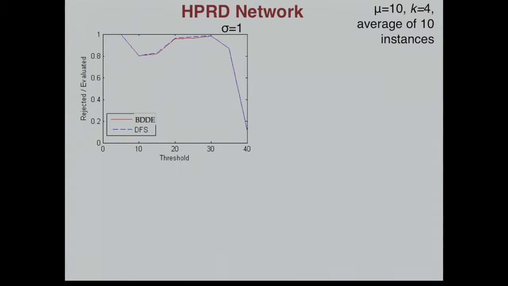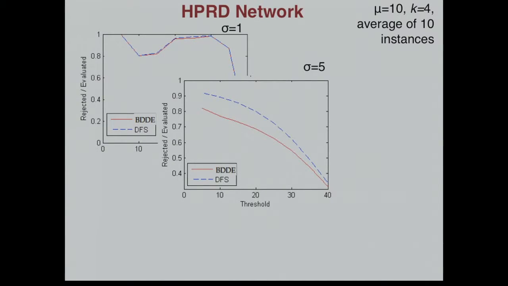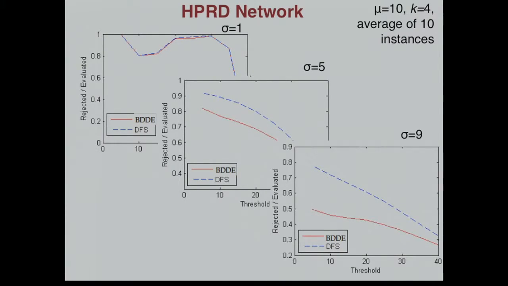If the problem is easy, if the node weights are not very different, then as you can see, you won't gain much compared to that first enumeration if you use an algorithm like ours. But as the problem gets more and more difficult, we started seeing the difference. Here, we are plotting the fraction of redundant rejections as a function of the threshold.